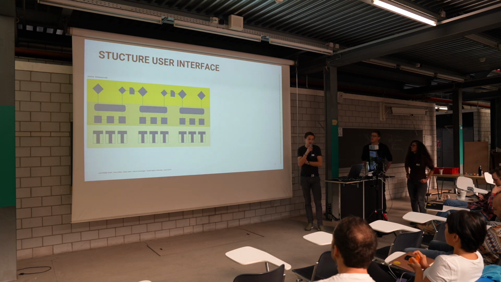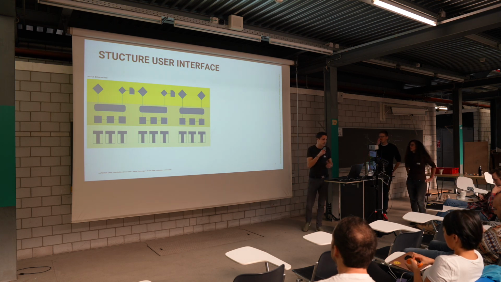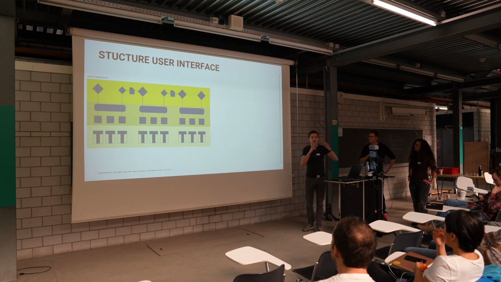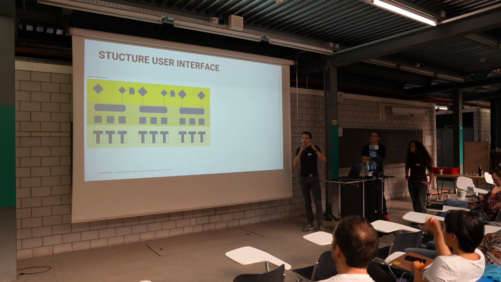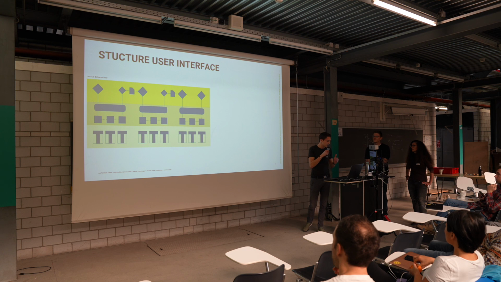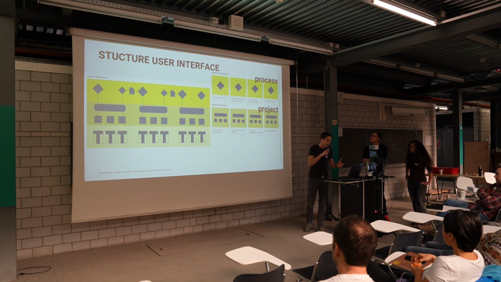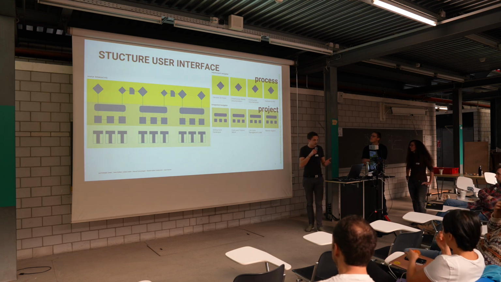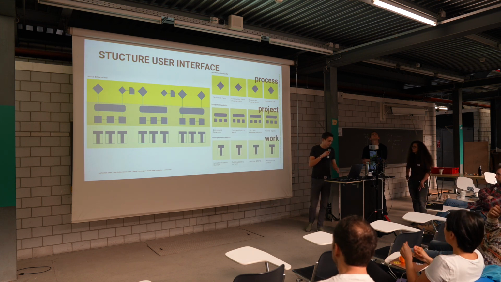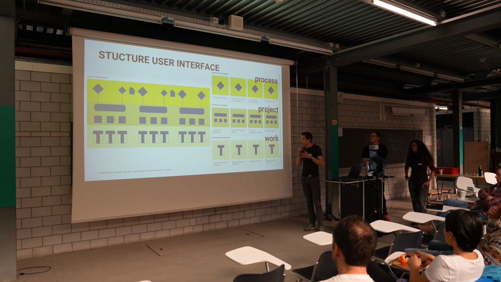Based on the findings of the research of the project BIMwood, there are 3 different levels of process management. On the top line you have the process or strategy level, in the second line the project and coordination level, and on the third level the work level.